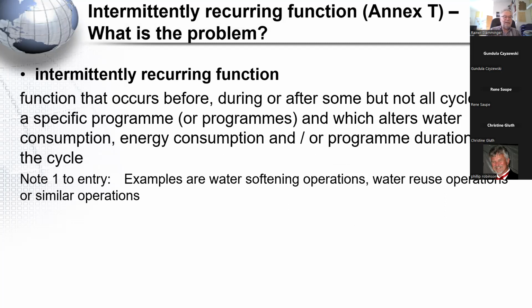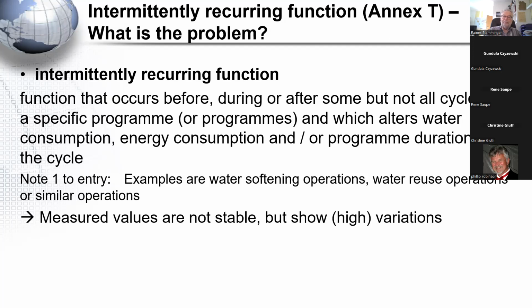And when intermittently recurring function number 1 is triggered, then it will consume so much additional energy or water. And when intermittently recurring function 2 is triggered, it will cost so much, so that we can have a clear view on what the machine is doing, and can take this information also to come to correct information for the consumer when he wants to know what consumption values he has to expect from such a machine.